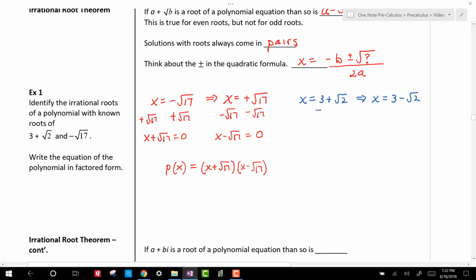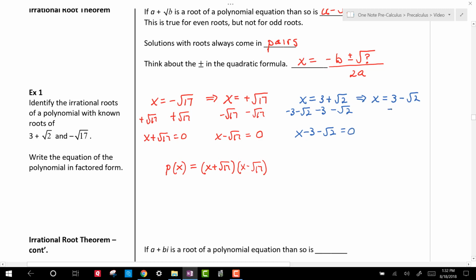So I'm going to subtract 3 on both sides, and I'm going to subtract root 2 on both sides. So minus 3 minus root 2. So this gives me a factor of x minus 3 minus root 2 equal to 0. And take a look at the other factor here.